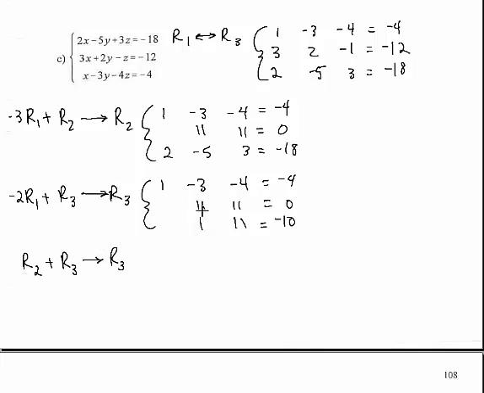If I just add these, I get a 12, and that doesn't cancel this y term. So if I multiply row 2 by negative 1 over 11, then this would become a negative 1, and a negative 1 would cancel the 1 in the third equation.